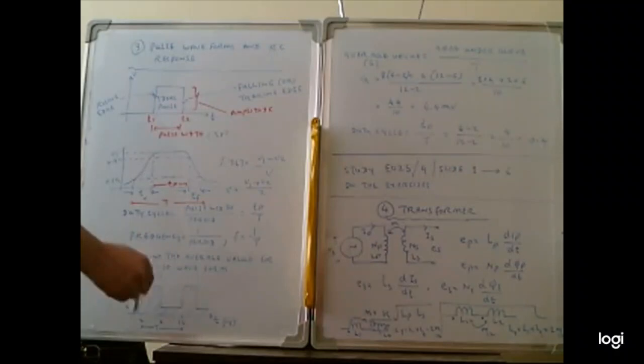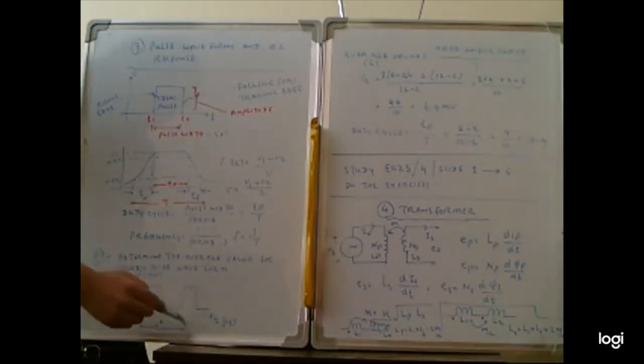This one goes like this. You have to find the average under the cut. This rectangle is the area of the square. This is the dot.